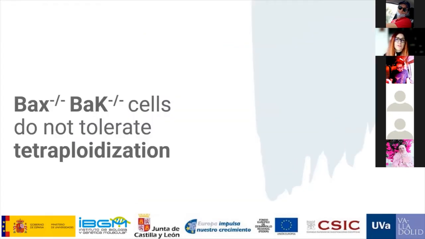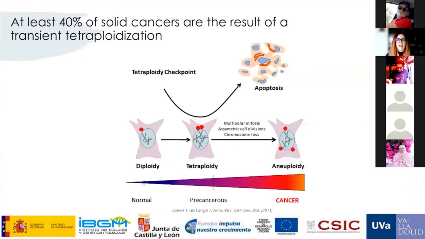What we have done in the last year, and it was published in November 2021, is that Bax and Bak cells do not tolerate tetraploidization. I'm pretty sure that Mohammed has already explained tetraploidization to you. I'm sorry, I was in university courses, so I couldn't be present.